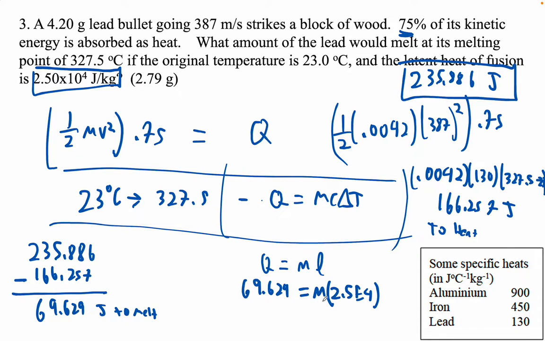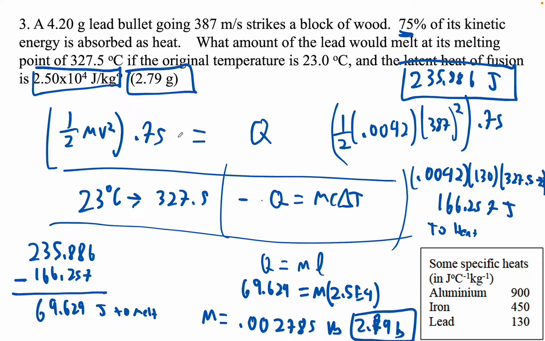So let's divide by 2.5E4, and I get that the mass that's melted is 0.002785 kilograms, which is 2.79 grams, which is what we got for an answer there.